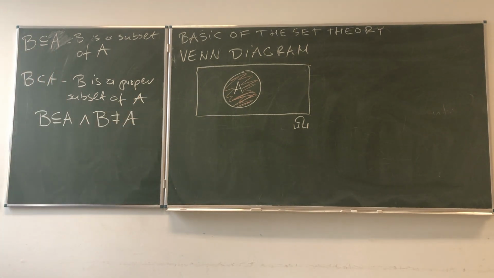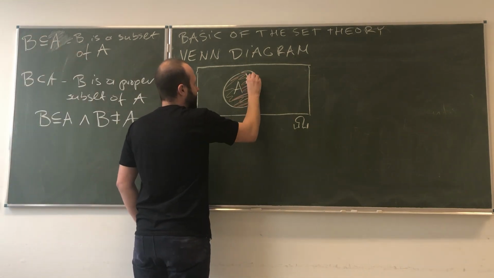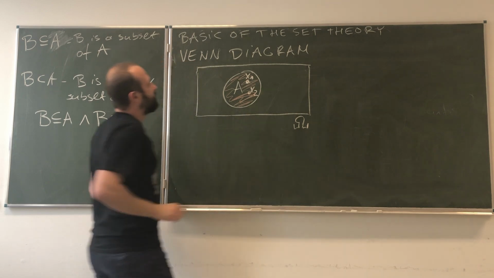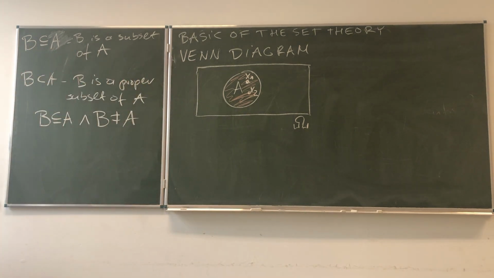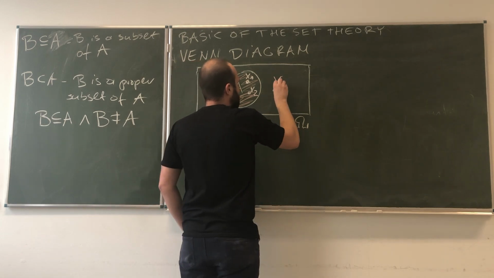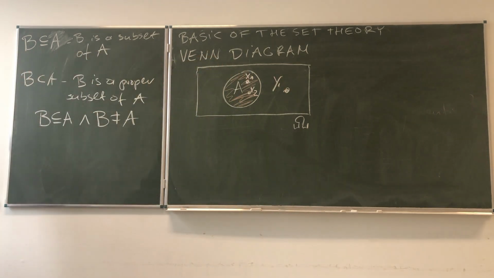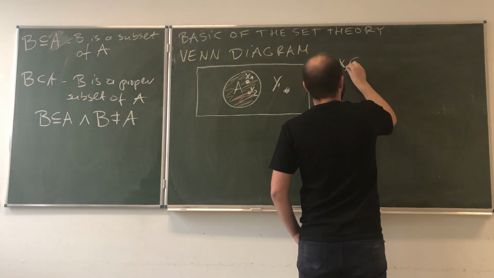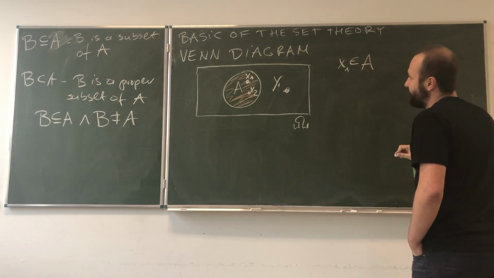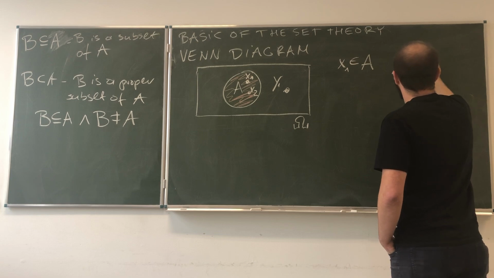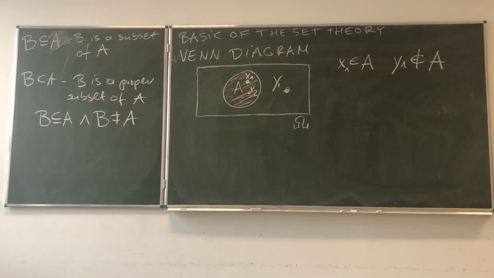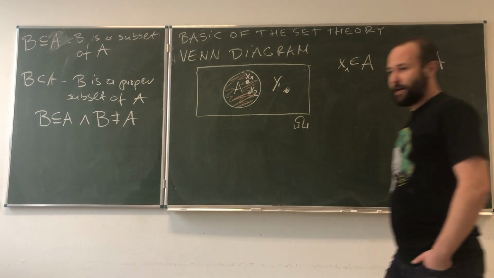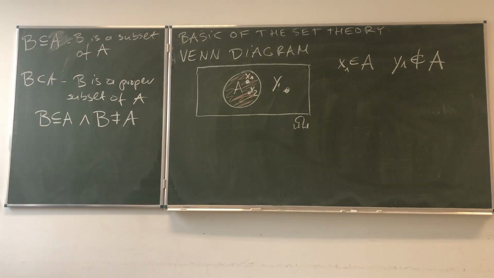And we will see basically what portion of the universe it involves. We can also show elements. Like we could say that here we will have x1, x2, which are elements of set A. But we clearly see that the y1 element over here is not an element of A. So in this case we could write that x1 is an element of A, but y1 is not an element of A, which we clearly see from this graph.